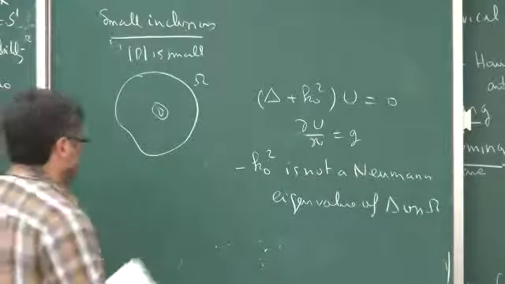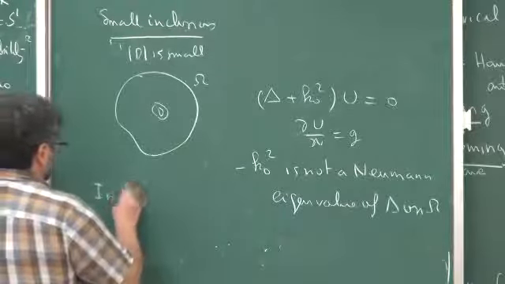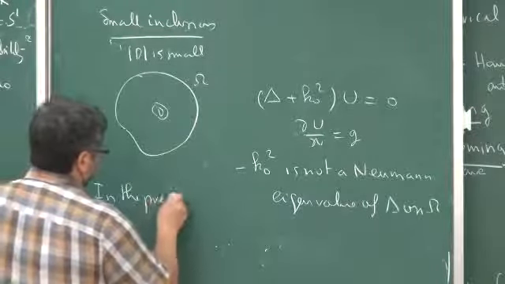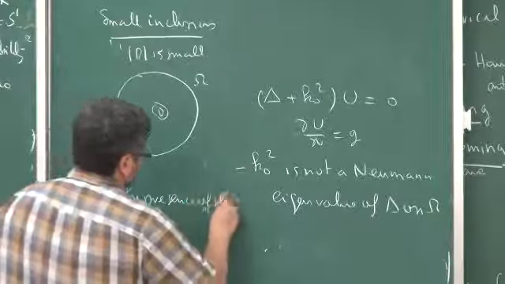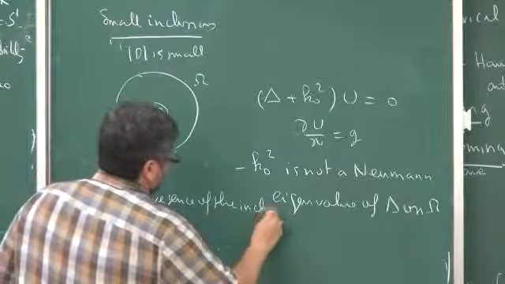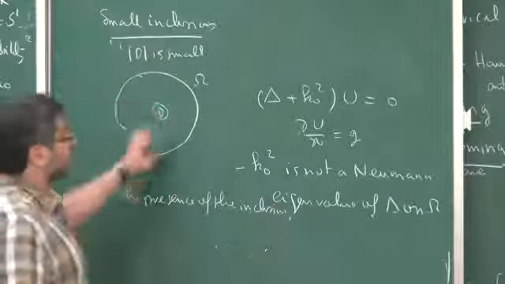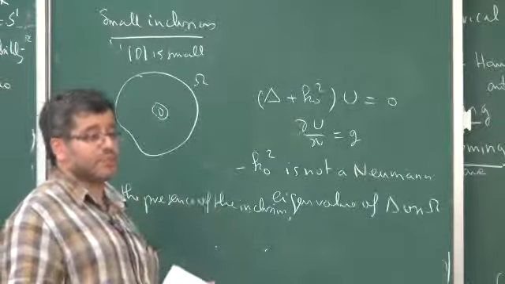When we add the inclusion, in the presence of the inclusion, the eigenvalues, the spectrum, are perturbed a little.